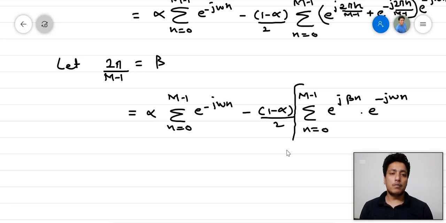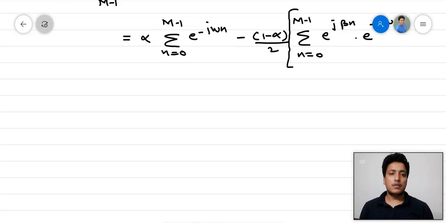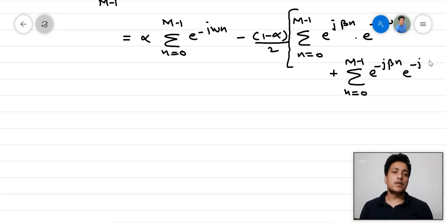We make a bracket here, and then there is a plus sign, plus summation n equals 0 to M minus 1 of e^(-j beta n) e^(-j omega n).